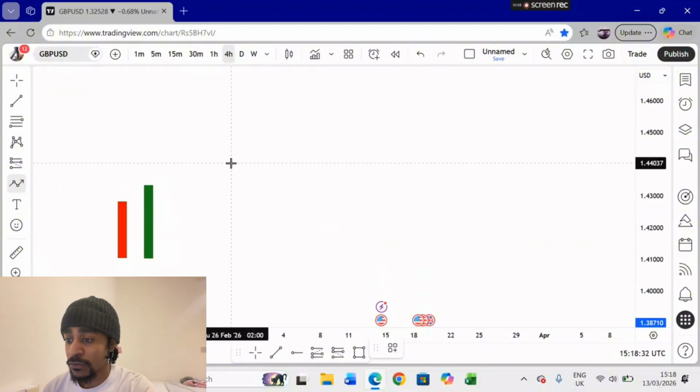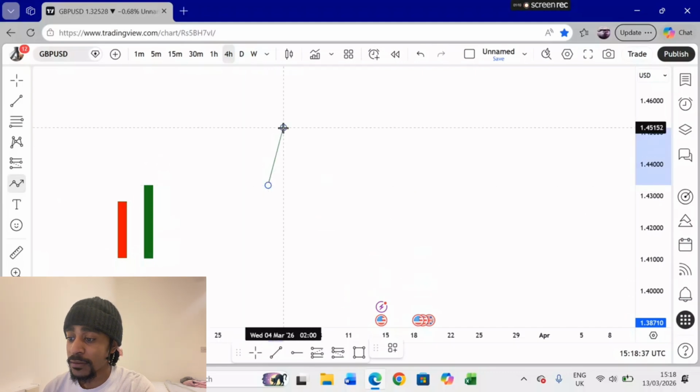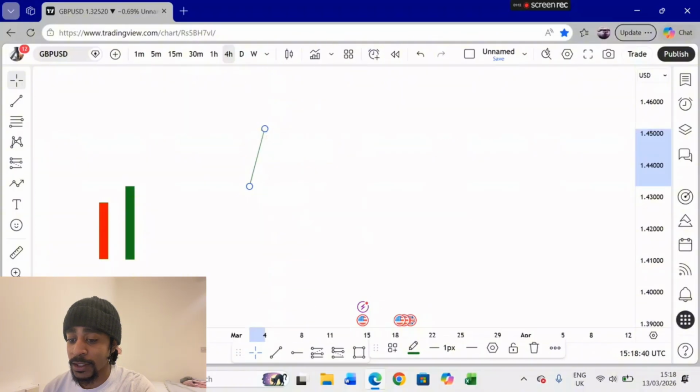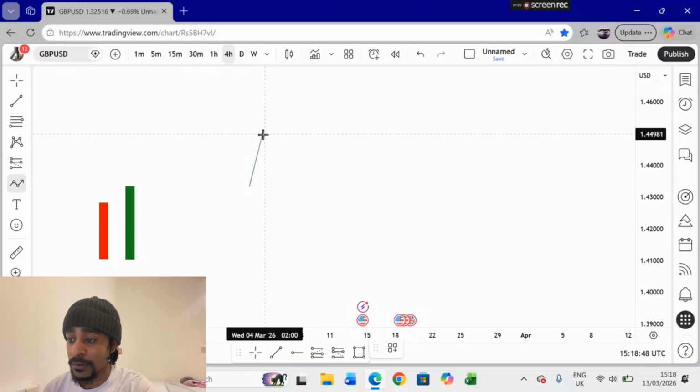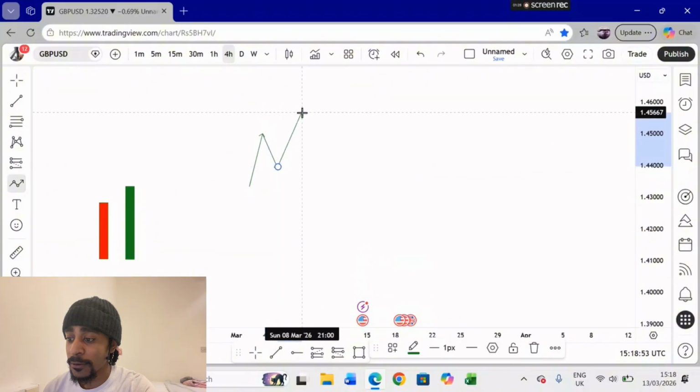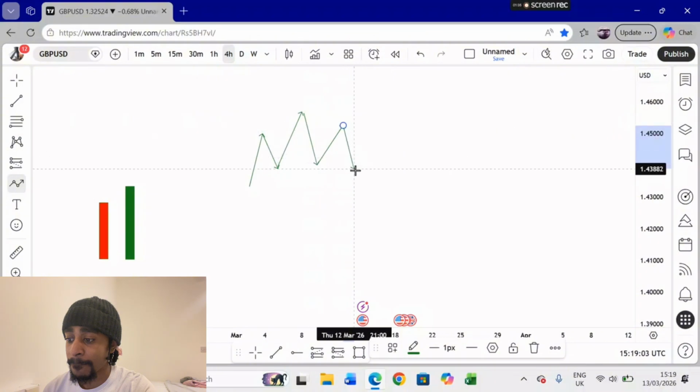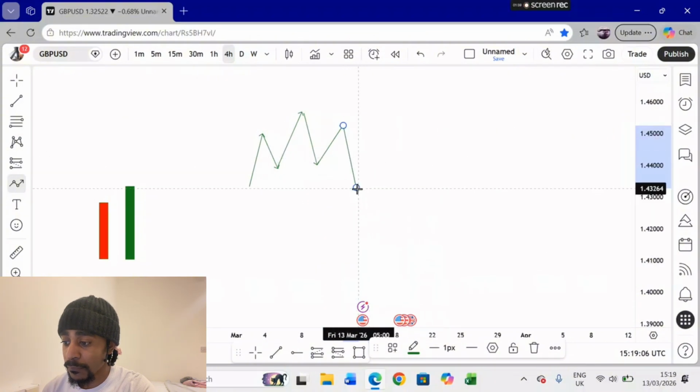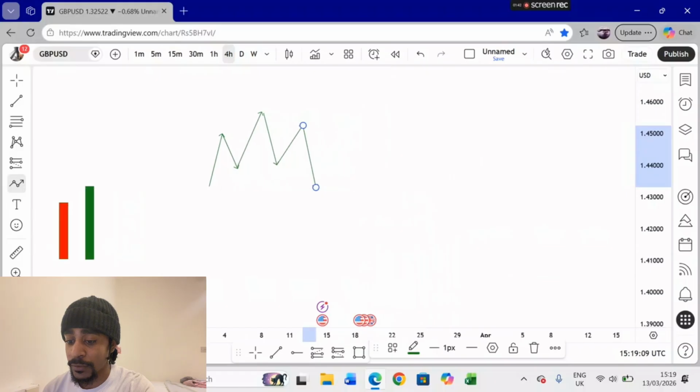Alright, so the 3 chart patterns that we're going to be looking at is, wait, hold on, I need to keep drawing on. Click that. Let me get them drawn out first. So this is one of them.